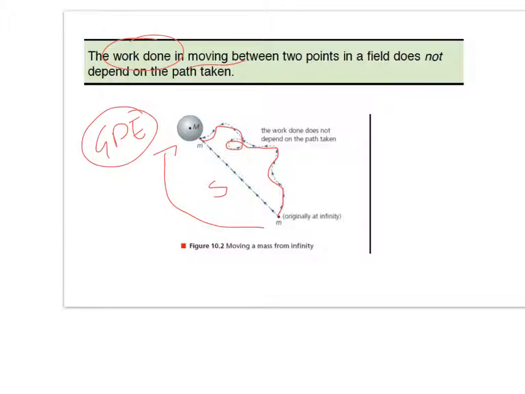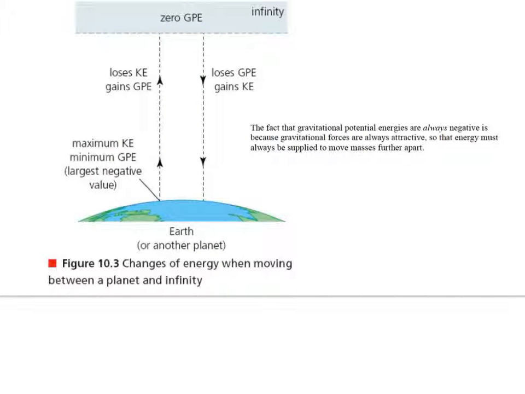Now let's look at that minus sign. This is an explanation within the textbook, but again it illustrates what I'm saying. The fact that gravitational potential energies are always negative is to do with the fact that the final destination has zero potential energy.